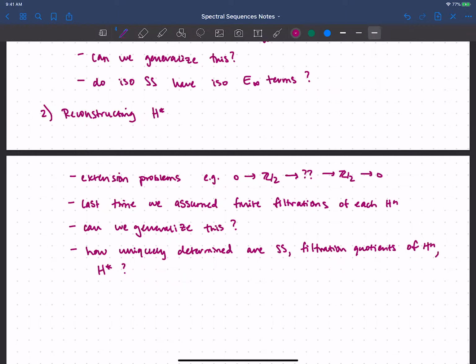Okay, so these are all kinds of issues that we want to keep in mind, and lots of different aspects of convergence that we might be worried about.